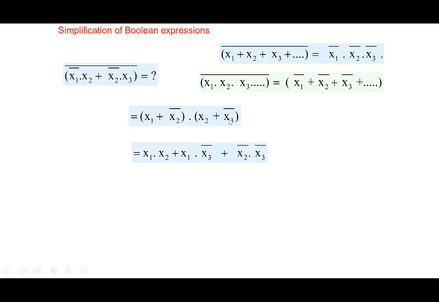Next we take the product terms: x1 dot x2, x1 dot x3, and x2 bar dot x2 bar, which will be 0, and x2 bar dot x3. So that becomes the simplified Boolean expression. This Boolean expression is equal to that Boolean expression. So it's this De Morgan's theorem.